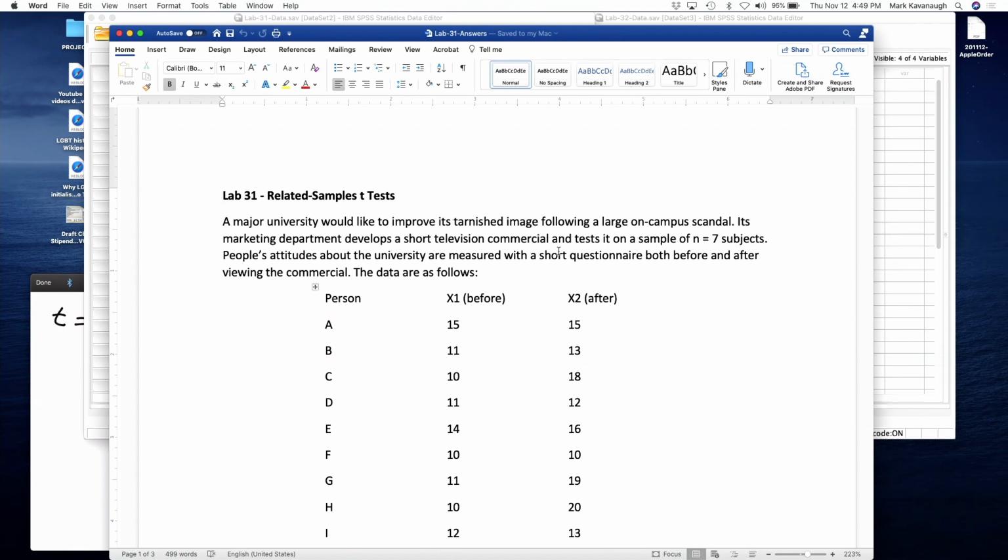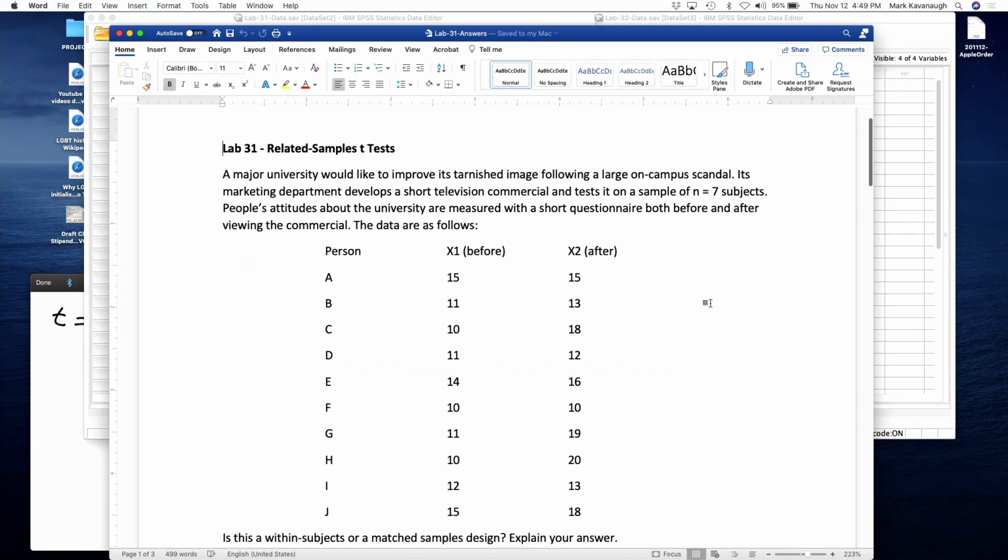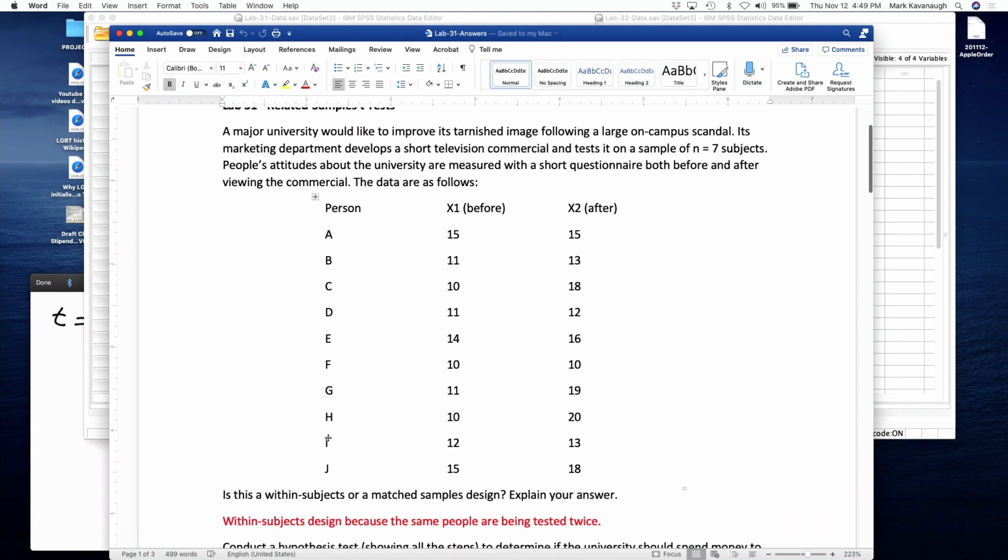They put together a short television commercial and showed it to 7 people, and they measured the attitudes of those 7 people before and after. So you're looking at 7 people designated by A through J. This is their score, the 15, 11, 10, 15, 11, 10, 11, 14. That's the before score, and here's the after score.